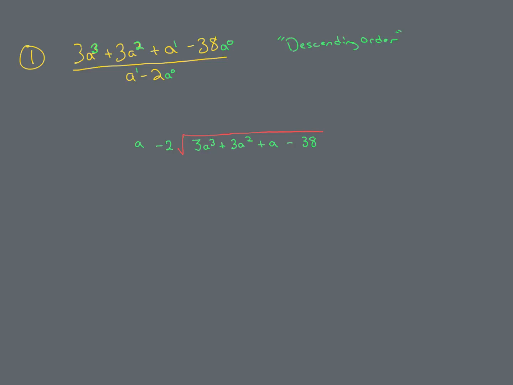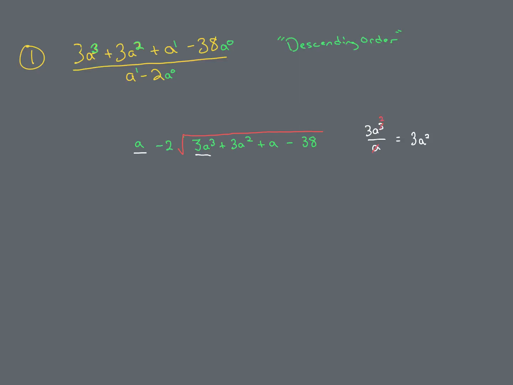The first thing that we want to look at when we're dividing these is the first term here and also the first term there. We're going to do 3a to the third, and we're going to divide that by a. So 3a to the third divided by a just ends up being 3a squared. You have that a cancel, and one of those a's, and you just have 2 left.